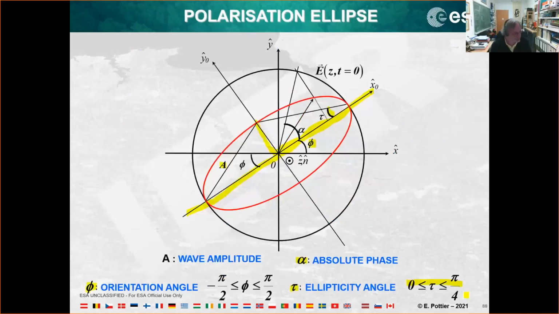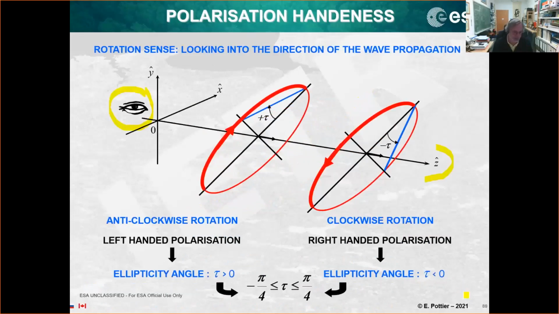So in such a case, I'm going to introduce a sign. If it is a left-handed polarization, the sign will be positive, and so the ellipticity angle will be between 0 and 45. And if it is a right-handed polarization, I shall add a minus sign, and so the ellipticity angle will be between 0 and minus 45.